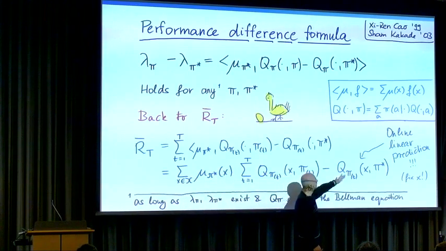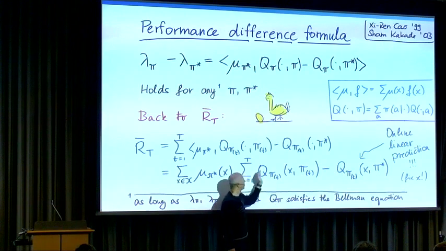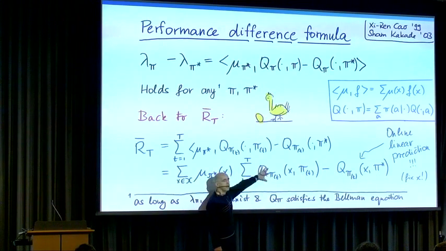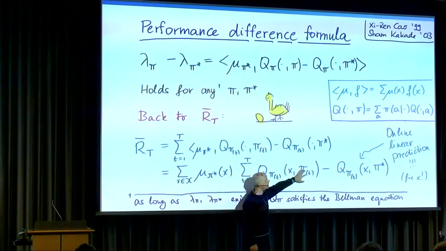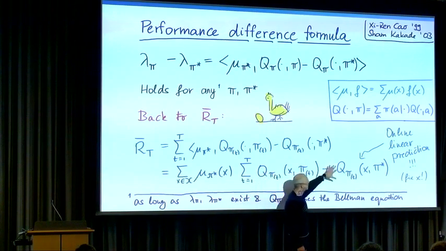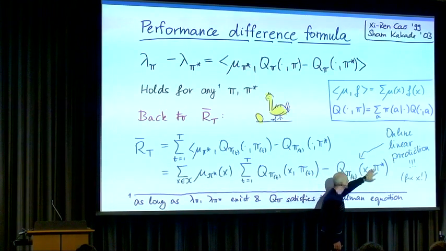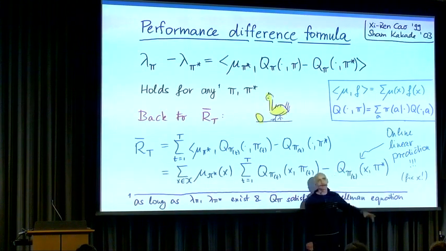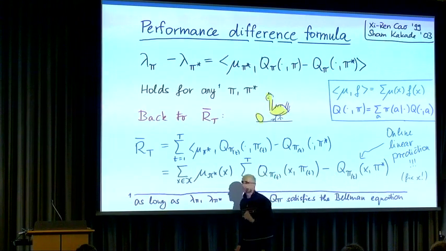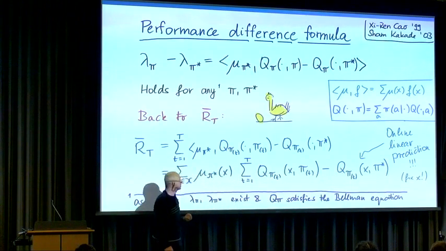This is the action value that you get if you execute your policy and the first action is according to your policy. And this is the action value that you get if you execute the policy, but only from the second step, and the first step is according to pi star. So there is a one step difference between the two. This is really nice.